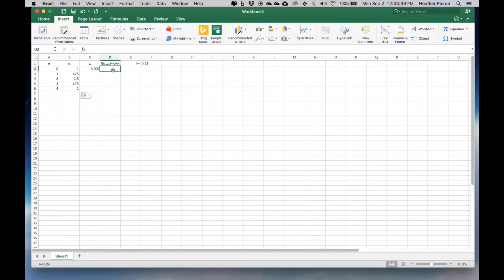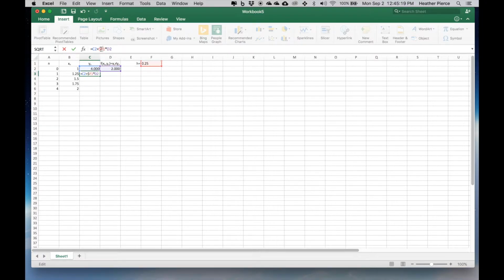We know that y of 0 is 4. So now my f of x0, y0 is going to be equal to my x value times the square root of the y value, since that's my differential equation. For my next value of y, I would use the previous value plus h times this f of x0, y0.